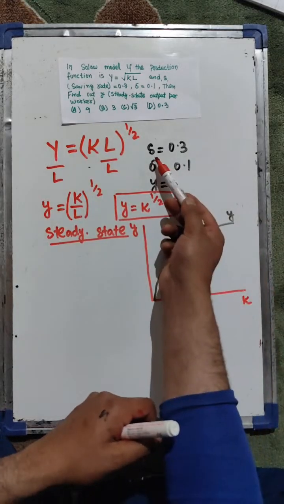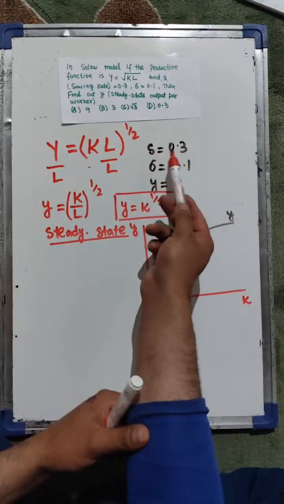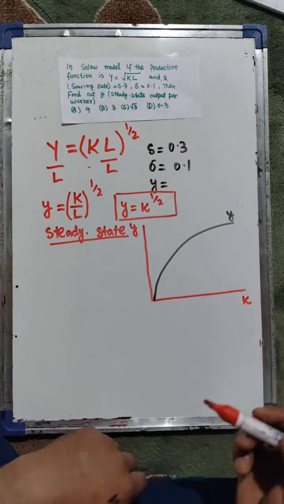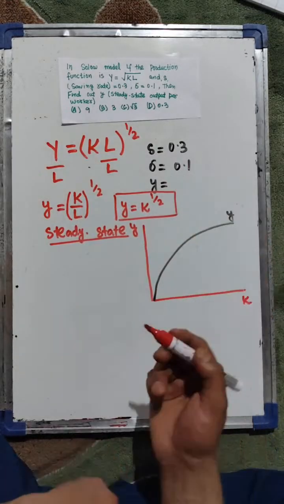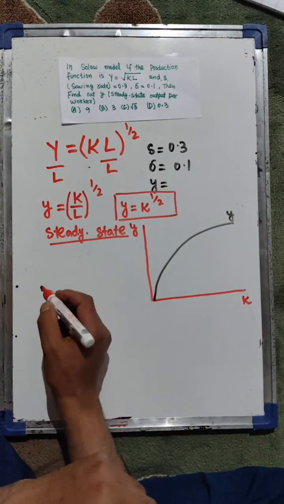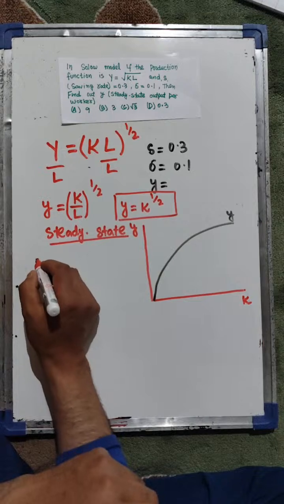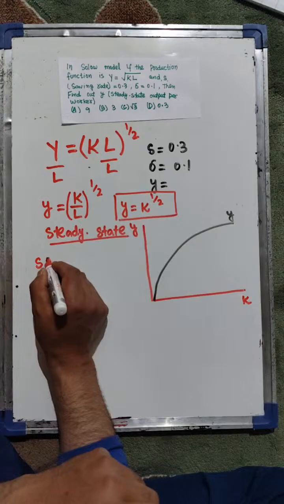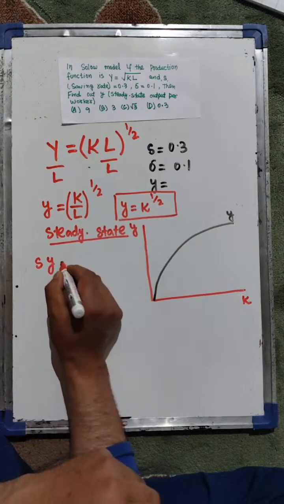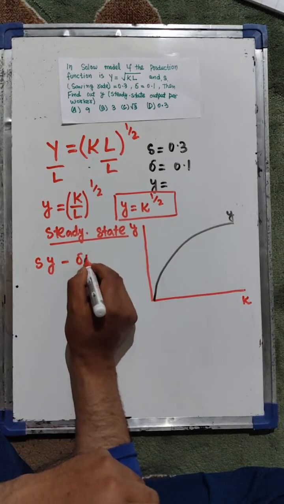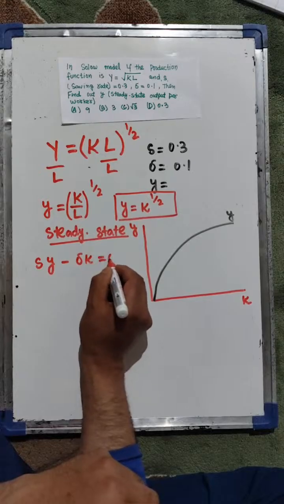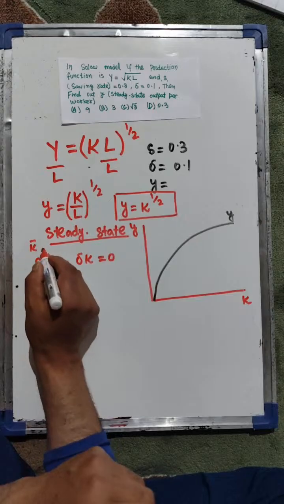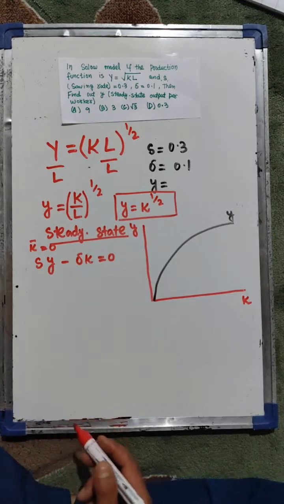We are being told that savings is 0.3, depreciation of capital is 0.1. At steady state, we have the relation s times y minus delta k is equal to 0. That means at steady state, capital accumulation is equal to 0.